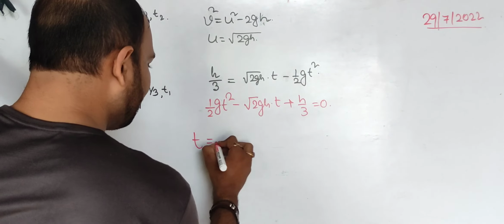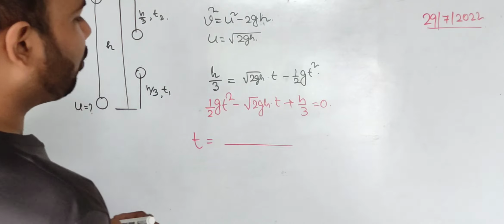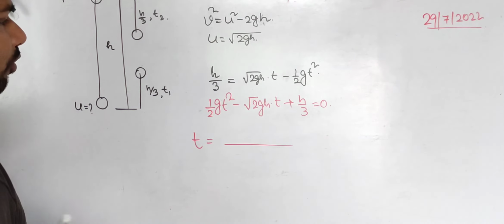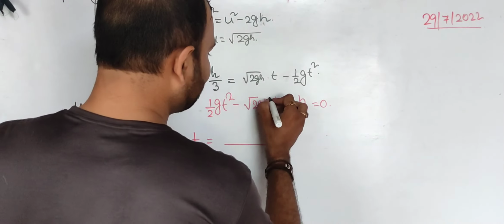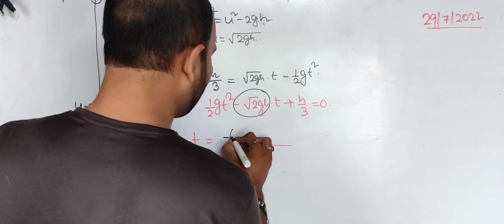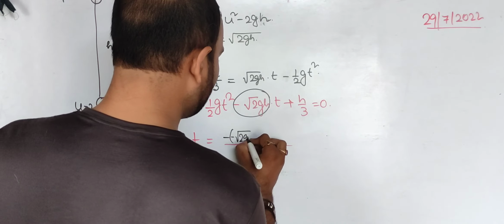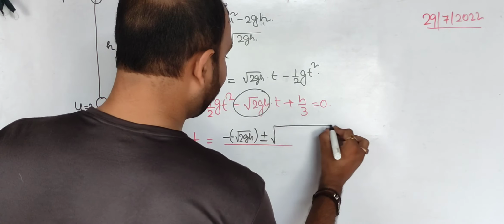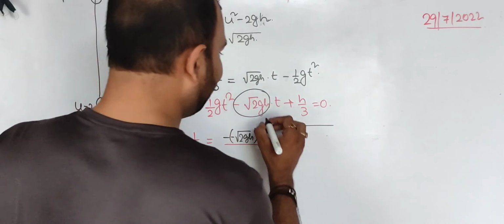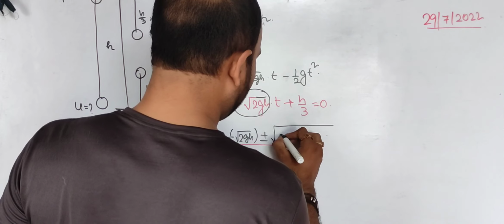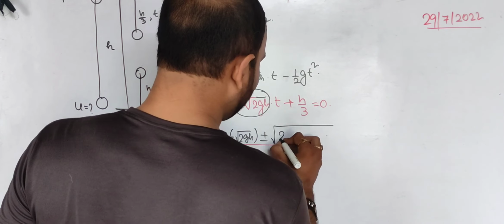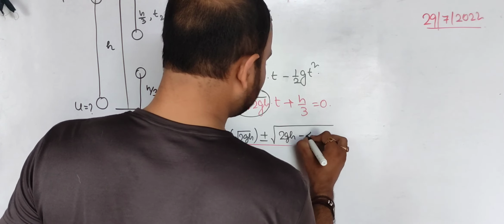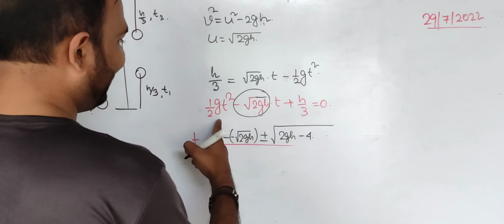Here t equal to minus b plus minus root over b square minus 4ac. This is b, minus of minus root 2gh, plus minus root over b square. Again, if we square this, we will get 2gh minus 4a.